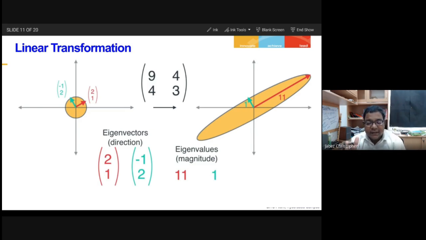That is the direction in which I am going to stretch, and the next one is the magnitude, how much I am going to stretch in that direction. So this stretch or this transformation is what gave me the linear equation in the previous slide for that change from a set of points in this domain to a set of points in another domain.